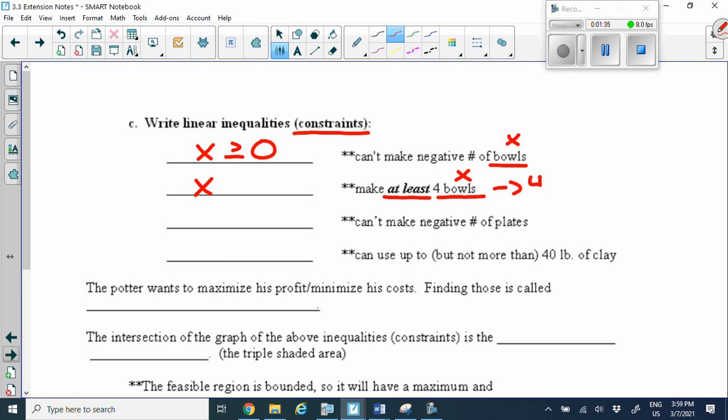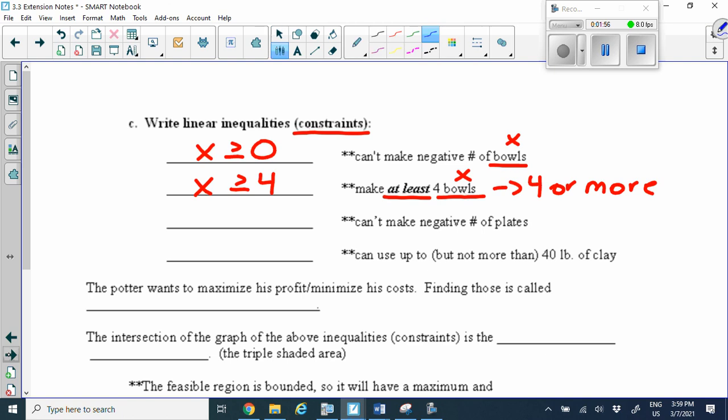I'm going to write that down, 4 or more. Now, how can we write that 4 or more as an inequality? Well, that's going to be the greater than sign. Now, because we can also have 4, that means we also will have the equal sign to represent that, that'll be part of it. So we'll have x is greater than or equal to 4.